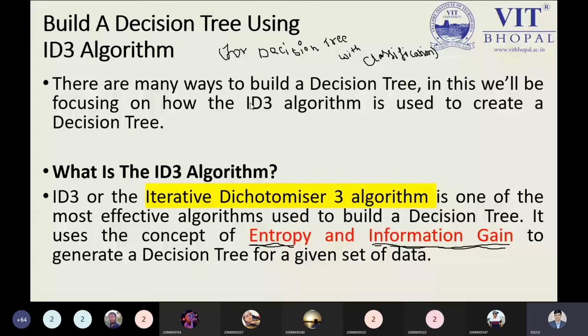I'm speaking once again: ID3 is the name of the algorithm used to build the decision tree. In the ID3 algorithm, we have two terms, entropy and information gain. The next question is, what are entropy and information gain? We will see and I will explain properly. After clearing this, let us move to the ID3 algorithm.